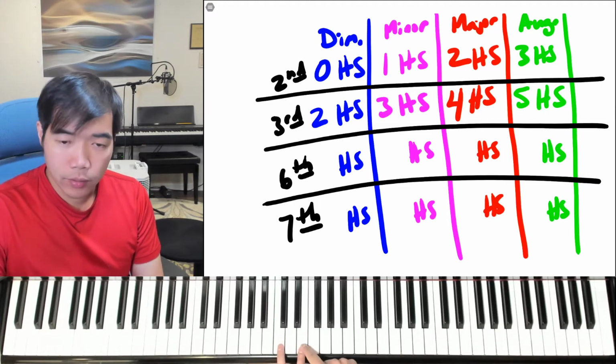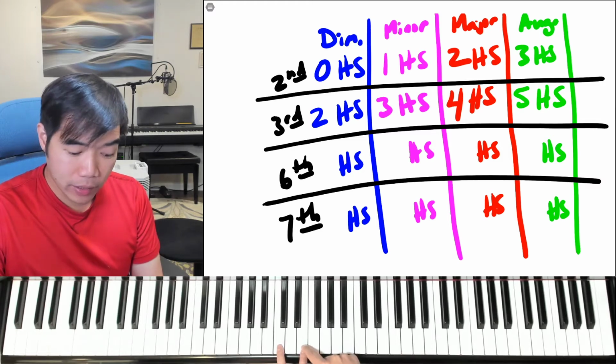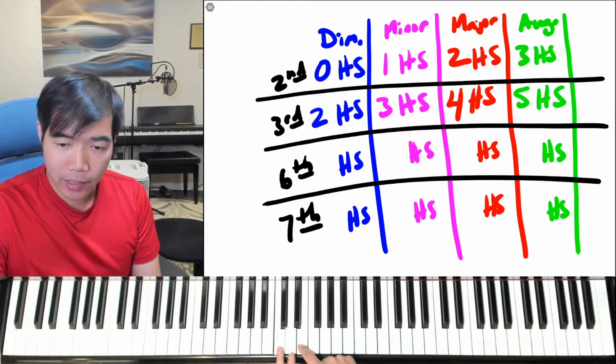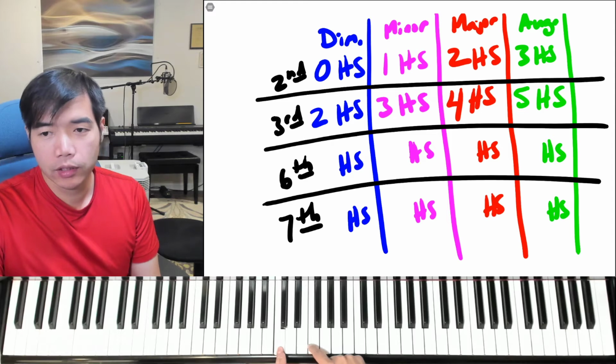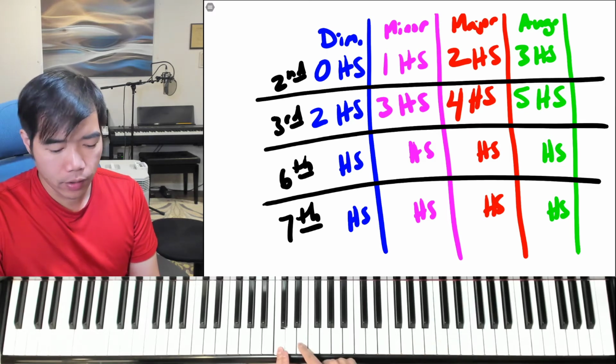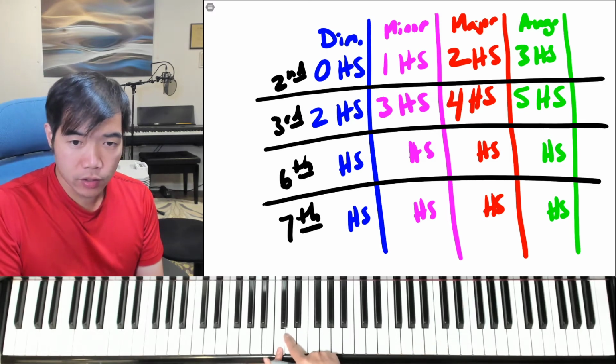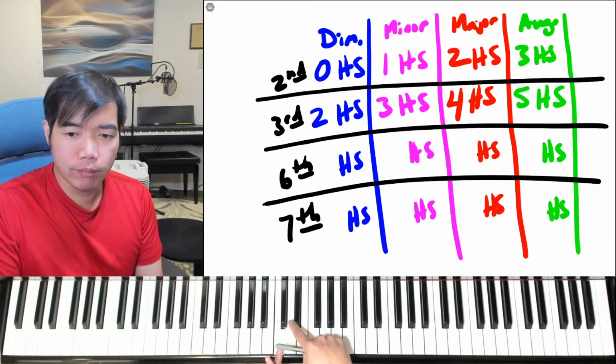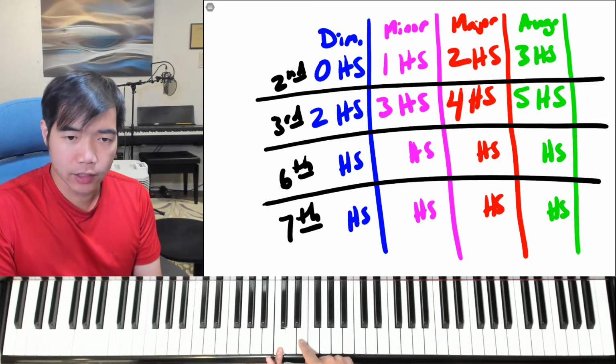Notice how when I'm adjusting the upper note, as I raise the upper note, my interval is getting larger, more towards augmented. I'm augmenting the interval. If I'm moving to the left, lower in pitch, I'm diminishing the interval. I'm shrinking in size.